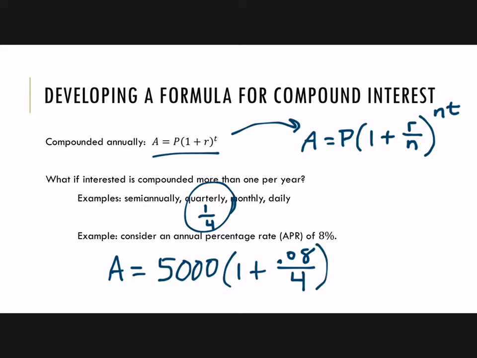And then the exponent would be n, which is 4, times the number of years, 3. So 4 times 3, that's the 12 times that interest is compounded during that time. All right, so that's how compound interest works, and we will look at some examples and practice using this formula.